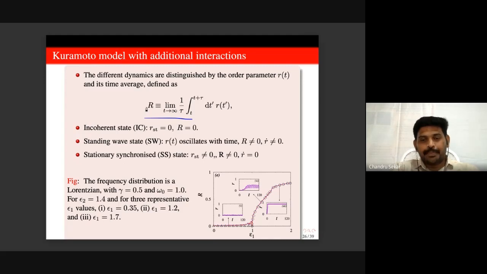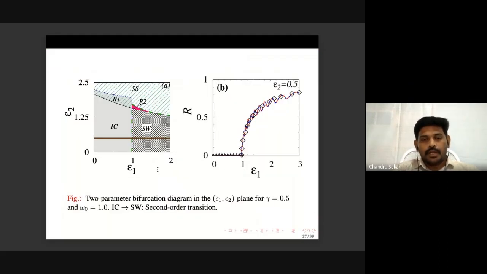To get a clear picture of the dynamical transition of the system, we have plotted a two-parameter bifurcation diagram in the epsilon 1, epsilon 2 plane for gamma equal to 0.5 and omega naught equal to 1.